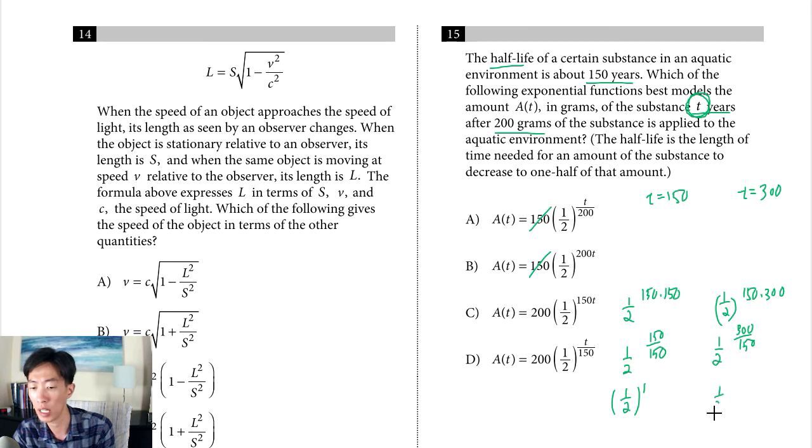That becomes 1/2 raised to 2, so it's 1/2 squared. So we're going to multiply 200 by 1/2 once and then 1/2 again. That makes sense because if the half-life is 150 years and 300 has passed, we're multiplying 200 by 2 half-lives. So all that is to say is that if you're really confused by these equations, just plug in some easy numbers. In this case, the easy numbers were 150 and then 300 to signify 1 half-life and then 2 half-lives.